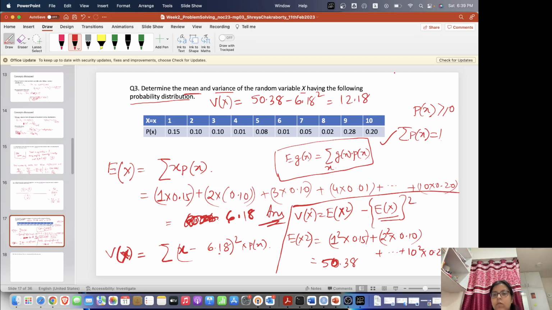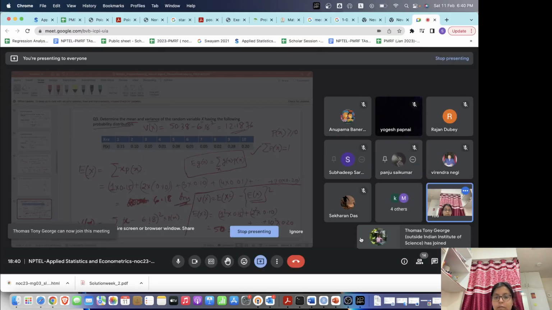So this is how, if you are given a probability distribution, first determine whether at all it's a probability distribution, and if it is, then find out mean and variance using these formulas.